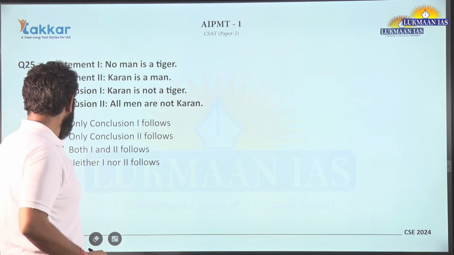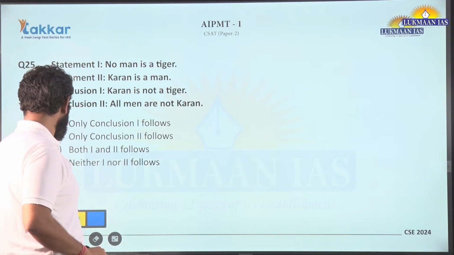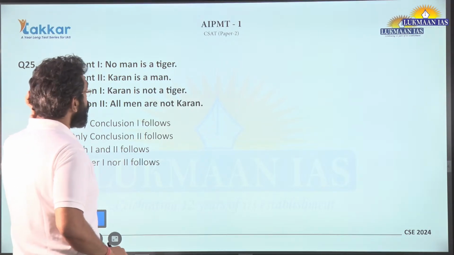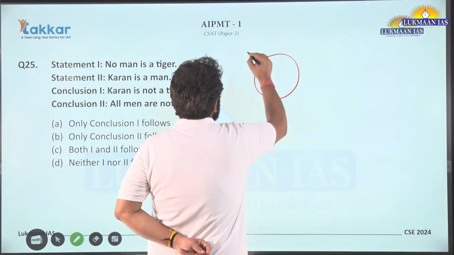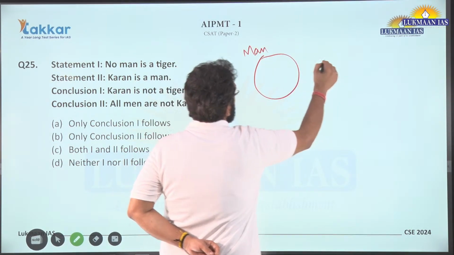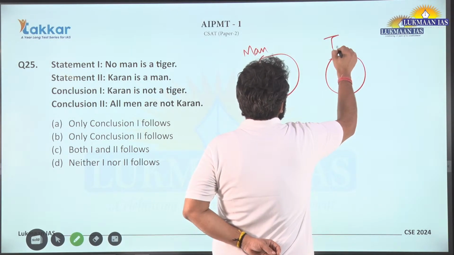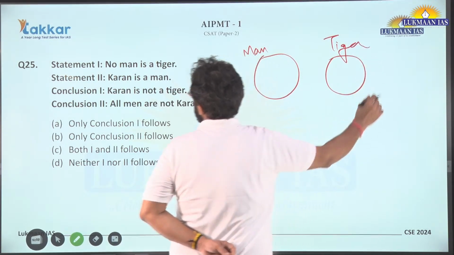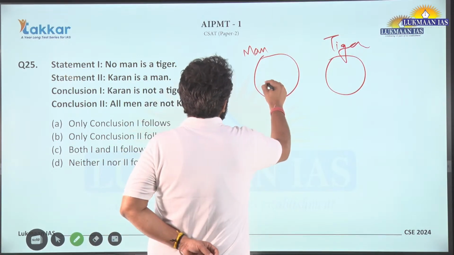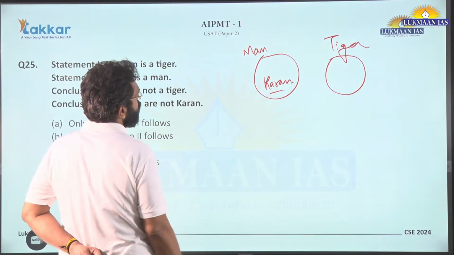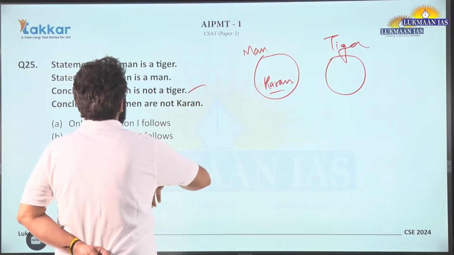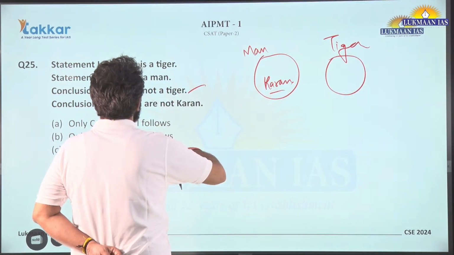Okay, question 25 is also a similar kind of question. Let's see. No man is a tiger. Karan is a man. Karan is not a tiger, yes. All men are not Karan.